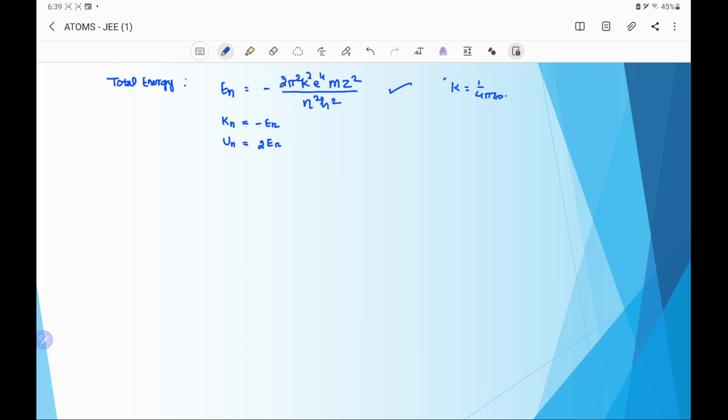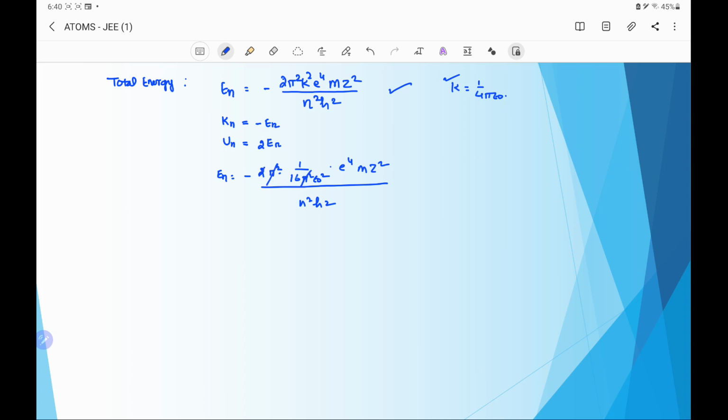If we replace k with 1 by 4 pi epsilon naught, the total energy will become minus 2 pi square into 1 by 16 pi square epsilon naught square into e raised to power 4 m z square divided by n square h square. Now this pi square gets cancelled.